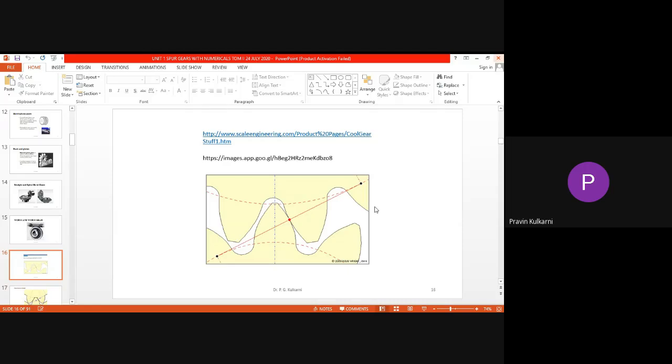In case of involute gears, pressure angle is constant. Path of contact is the sum of path of approach, path of recess. If two wheels are of the same diameter, path of approach is equal to path of recess.